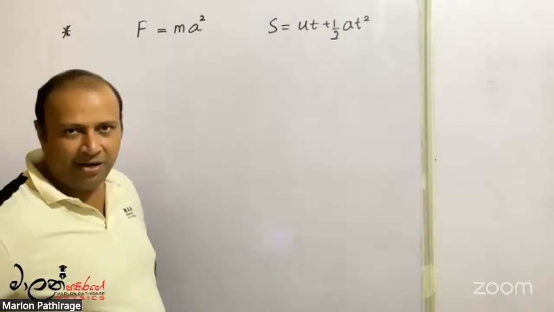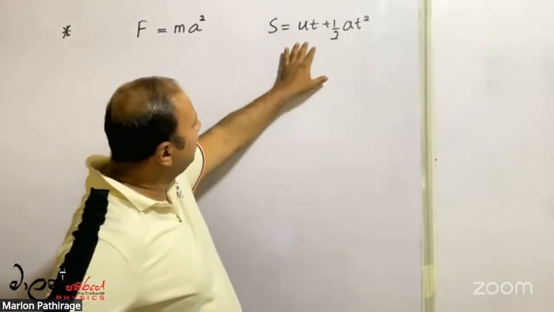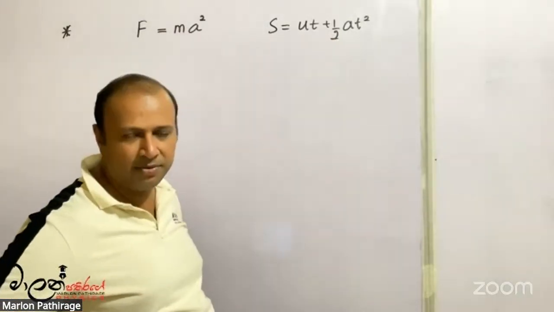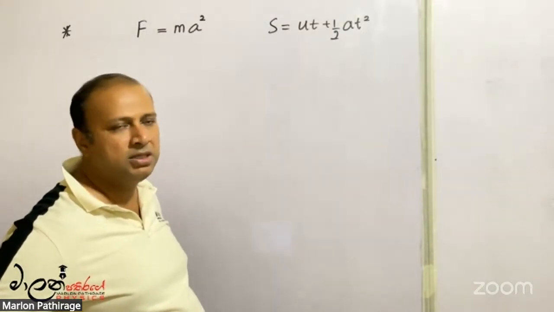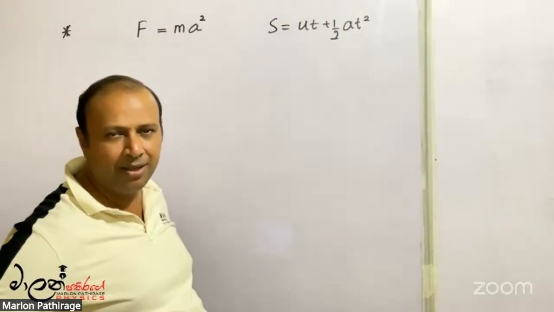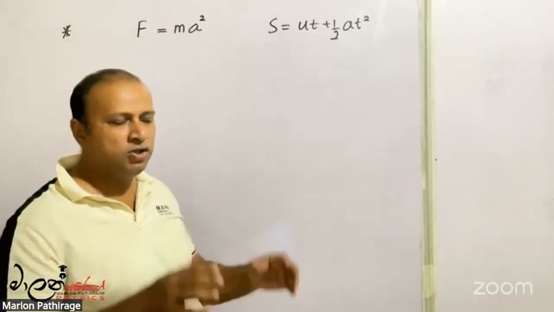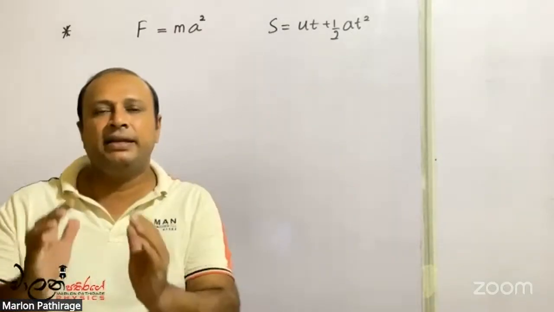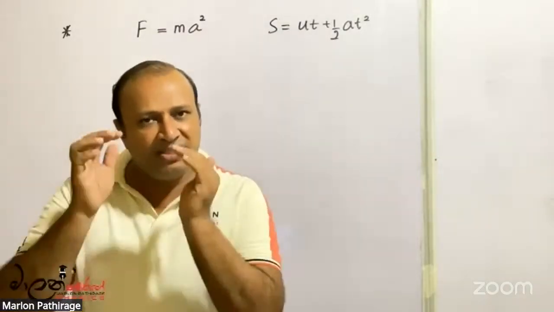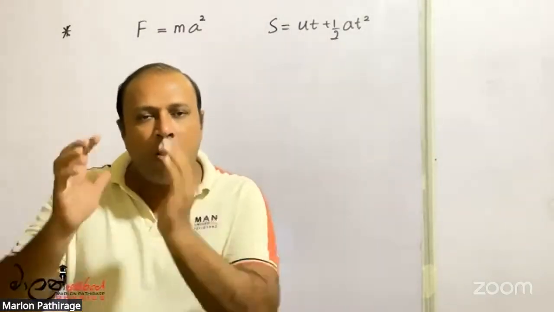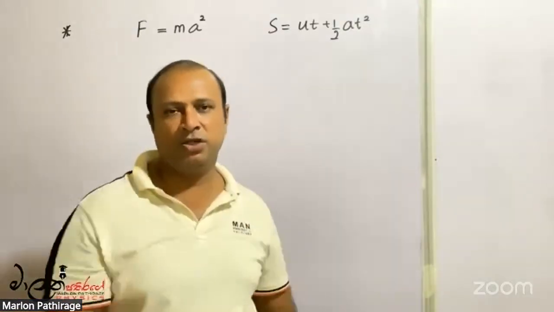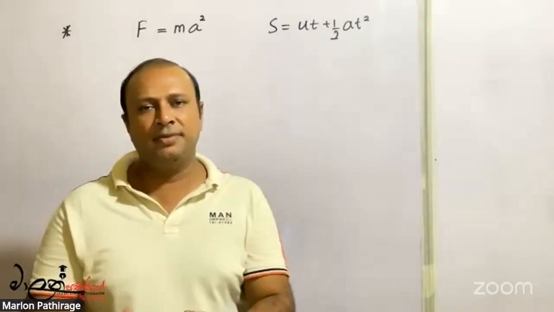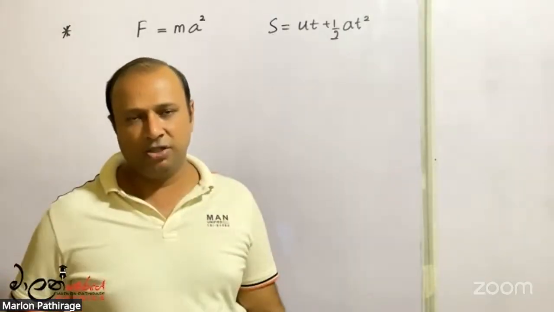Now there are three terms. Definitely, the dimensions of these three terms should be equal, because if it is a correct equation, all the terms in that equation should have the same dimension.